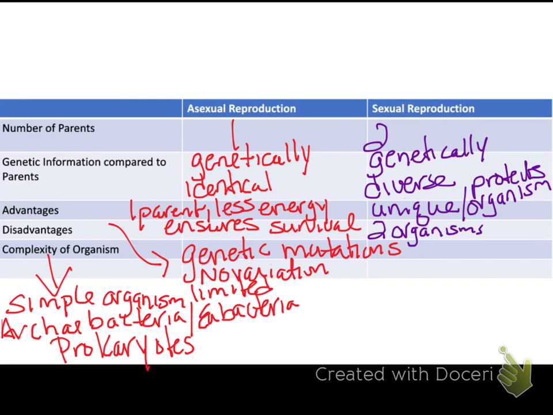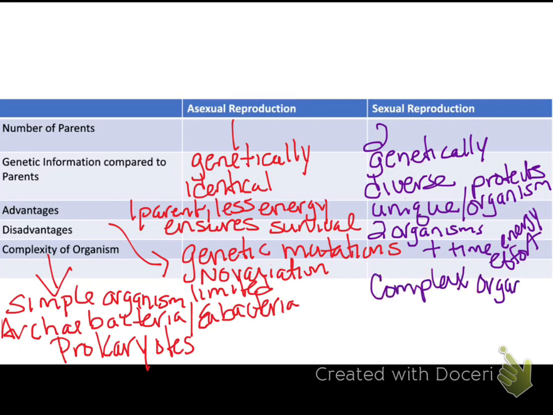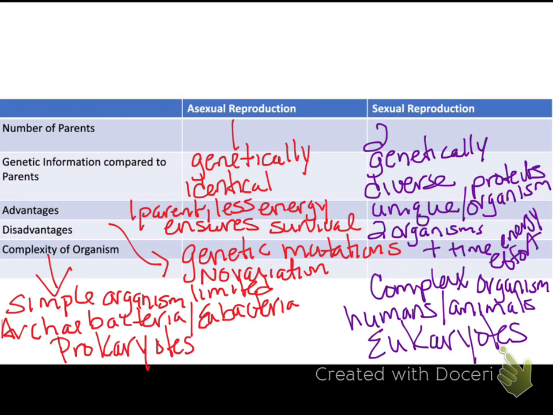A disadvantage is also that it takes two organisms. That means it's going to take more time, more energy, and more effort because of that. This occurs in complex organisms such as humans and animals, and you know that means that's going to be eukaryotes.